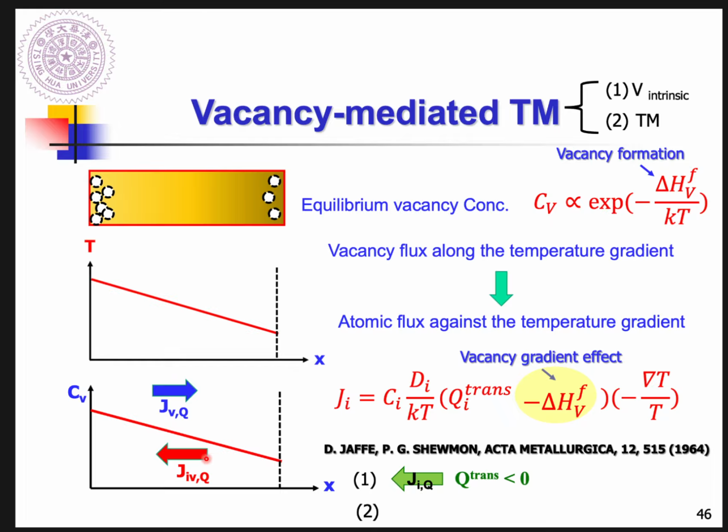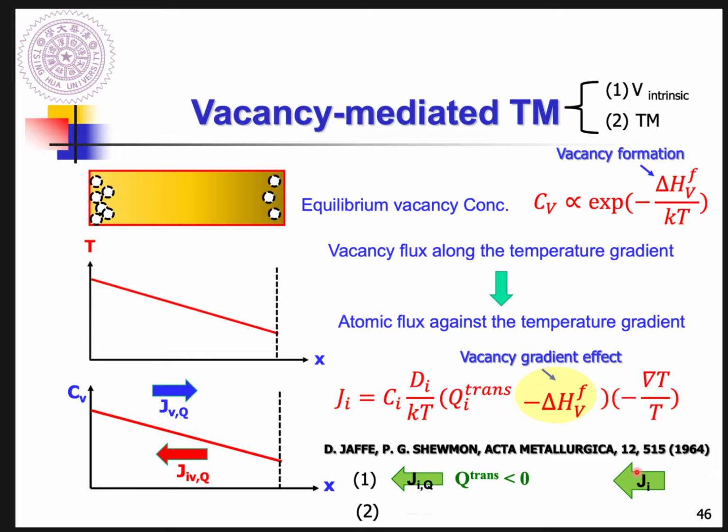So this red flux plus this green flux, you will get a larger final atomic flux moving to your left-hand side. And it makes sense, right? If the heat of transport is negative, you have a negative term minus a positive term. The atomic flux J_i will get larger.